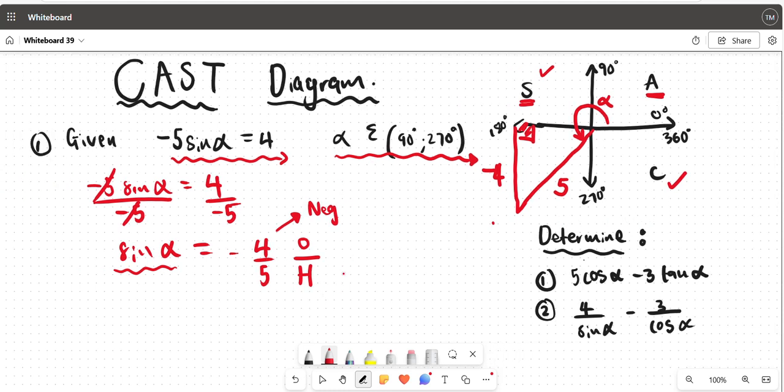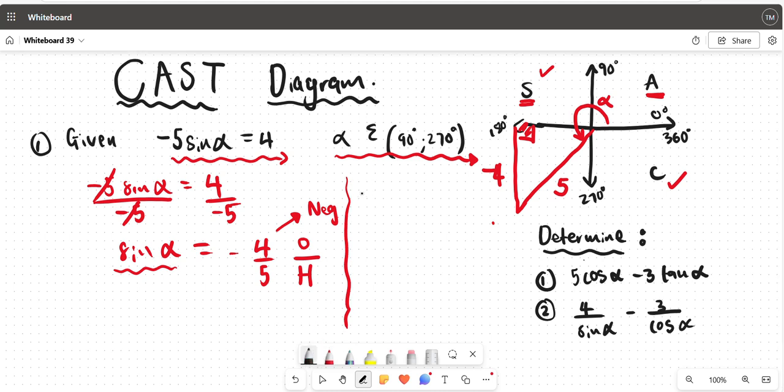If you apply Pythagoras, r squared, your radius squared, is equal to x squared plus y squared. The radius we do have, it's the 5, and we square it. The x is the one we're looking for. We have the y, which is negative 4, and we square it.